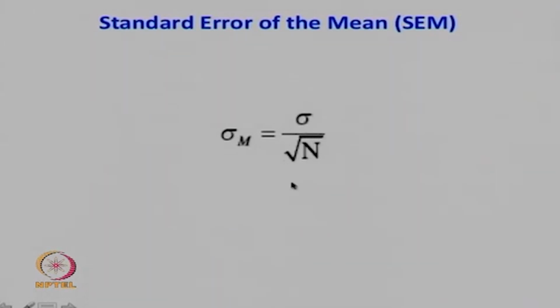Sigma is the standard deviation, and you divide by the square root of n. So when n increases, sigma m will decrease. If n is 4, for example, sigma m will be sigma by 2, half of sigma. If n is 100, then sigma m will be sigma by 10. So your error bar will decrease, but this is a measure of how confident you are of calculating the mean.